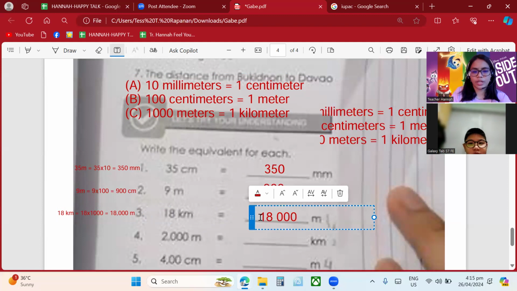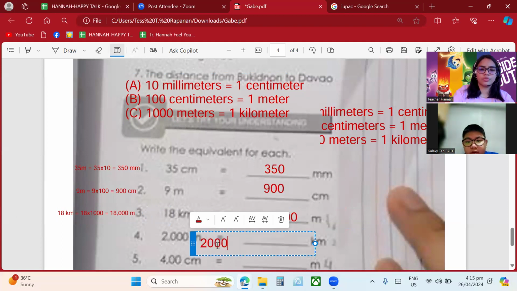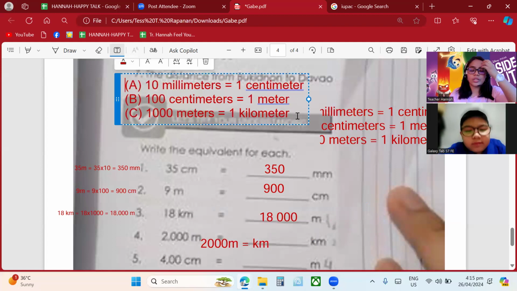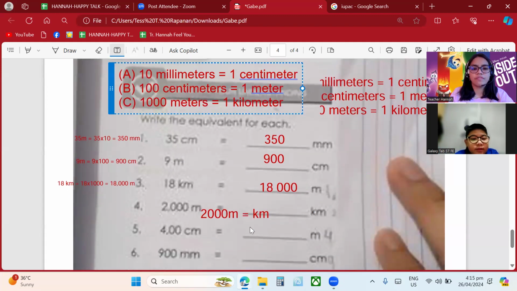Okay, so let's try 2,000 meters. We need kilometers. Okay, so what conversion are we going to use? Letter C. Very good.